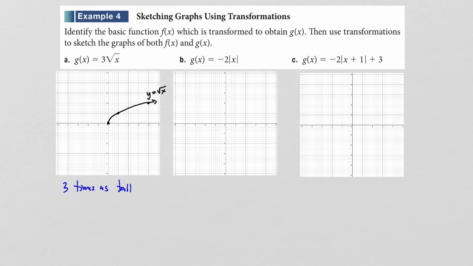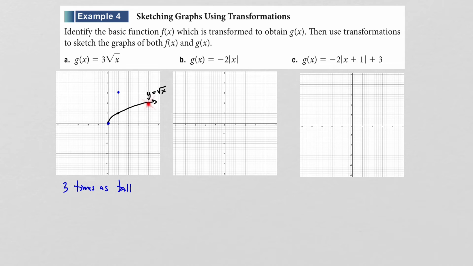So when I have the point 0, 0, that's still going to be 0, 0, because 3 times as tall as 0 is still 0. But this point here, where it's x equals 1, y equals 1, now that's going to be 3 times as tall. So 3 times as tall as 1 is 3. So that point would be up here.